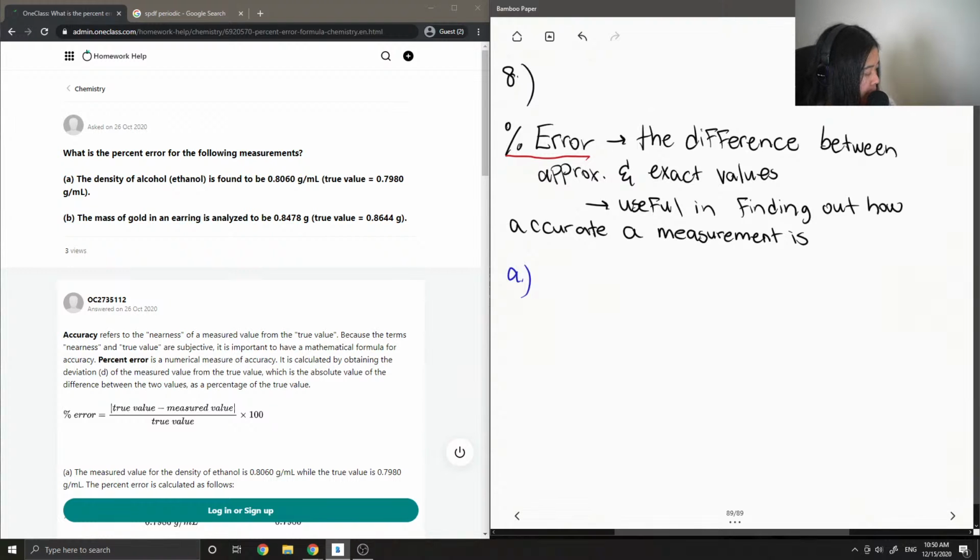Okay, so for part A, first I'll just write down the equation for percentage error.